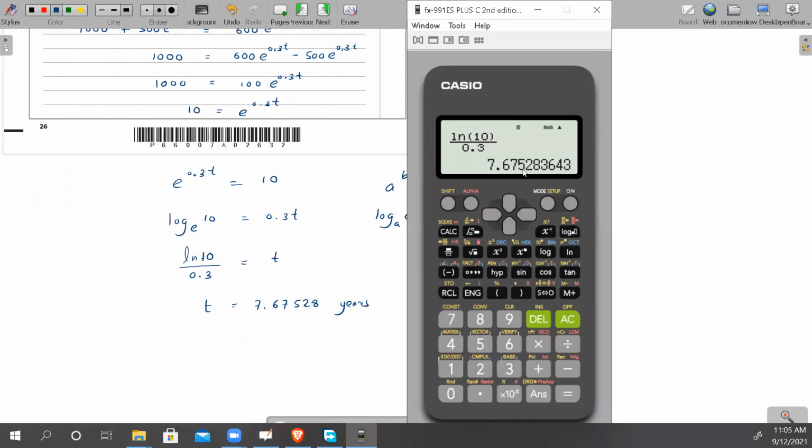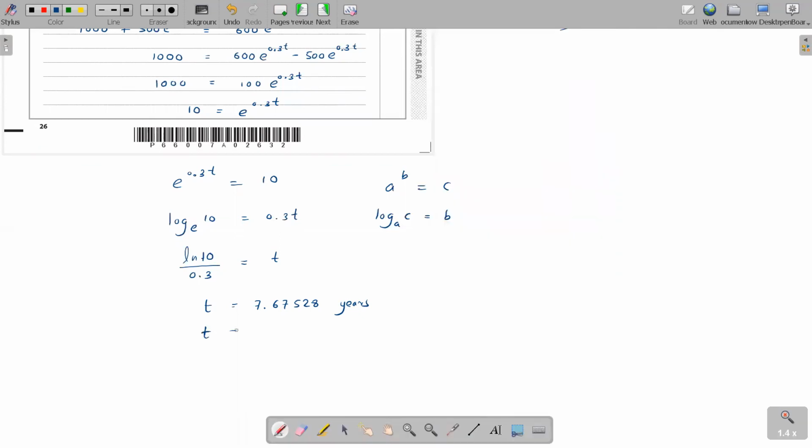7.67528. I just took a few decimals, and now you need to convert this to years and months. So the 7 means you have 7 complete years, plus another 0.67528 years, which is the remaining part of a year.